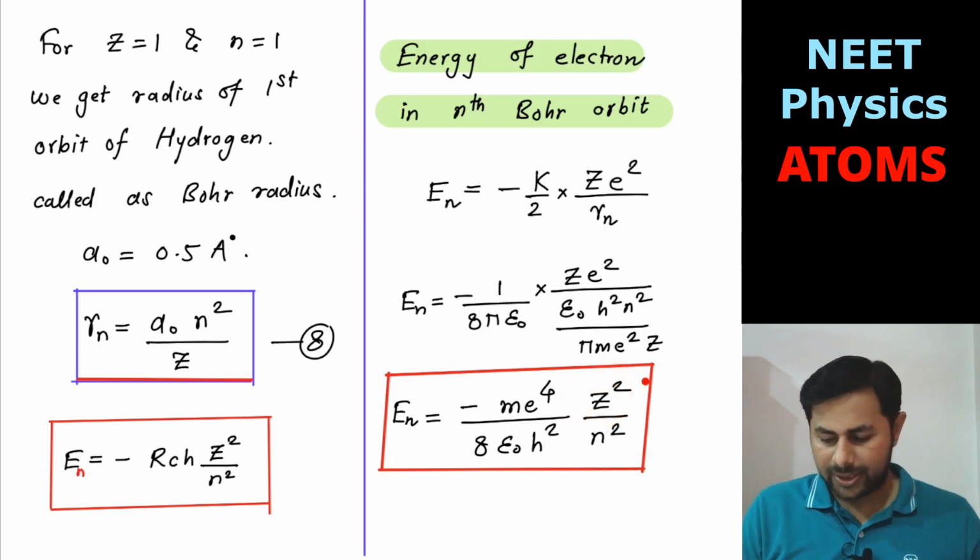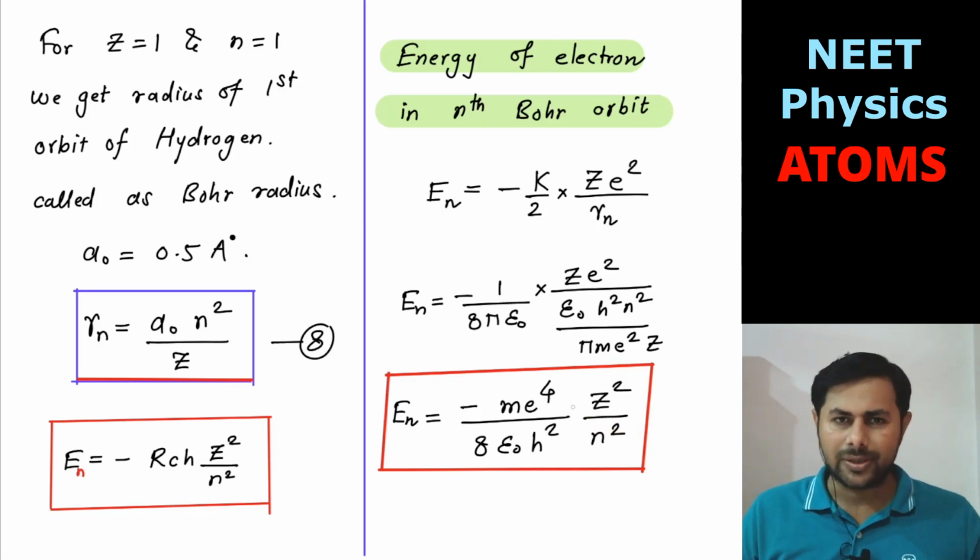The Z square will not be there if it is a hydrogen atom, or Z is just equal to 1. So the formula is minus m e to the power 4 Z square, divided by 8 epsilon naught square h square n square.